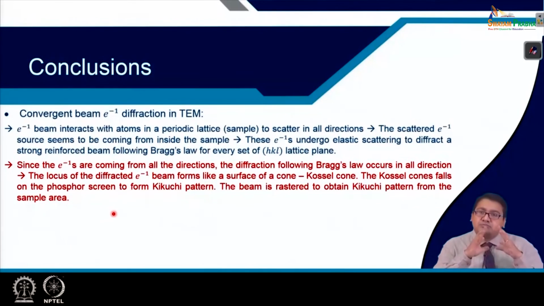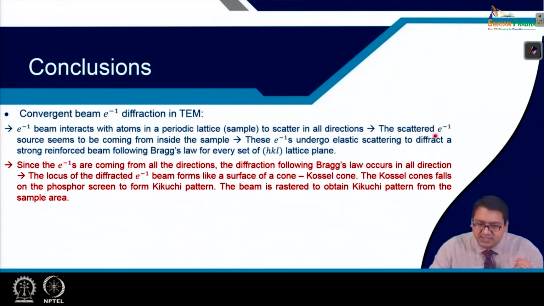So, what we can conclude from today's lecture is, you see, convergent electron diffraction in TEM is used in such a way that the electron beam is rocked while it falls on the sample, and it interacts with the atoms in the periodic lattice arrangement of the sample, and it scatters in all possible directions.